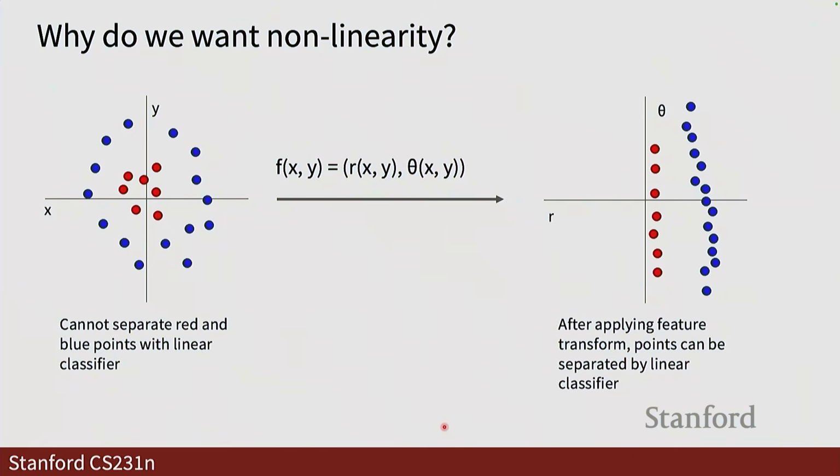And now in the new space, you see that they are separable using a line, right? In this case, it's a nonlinear transformation between the input and the second space, which is mapping the X and Y to their polar coordinates R and theta. But again, this is just one example. There are so many other examples too.